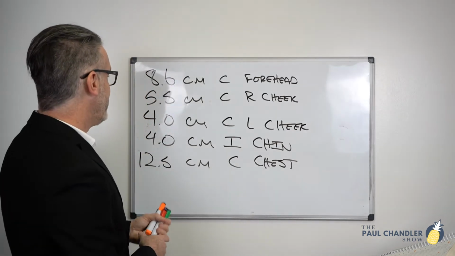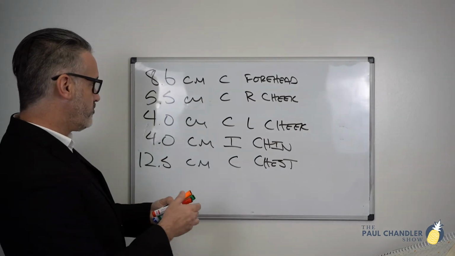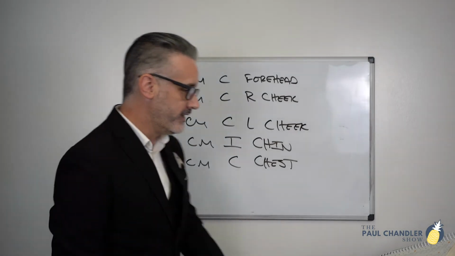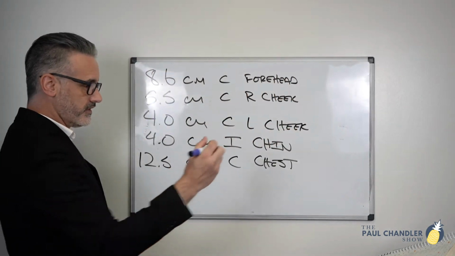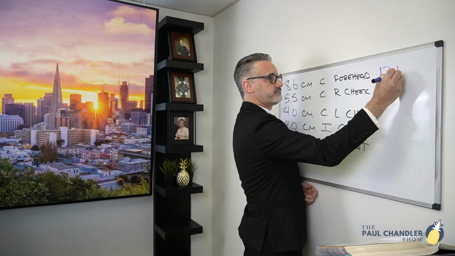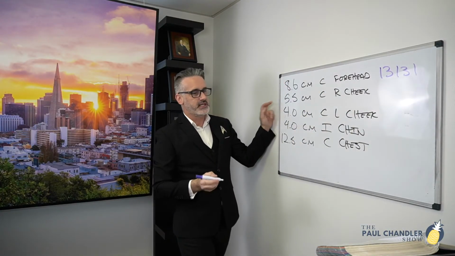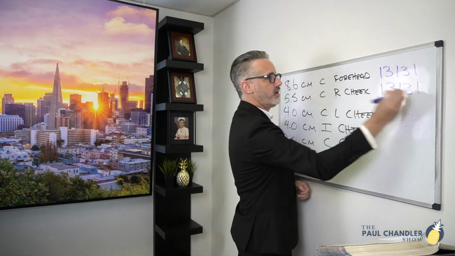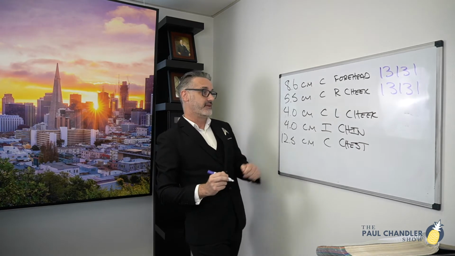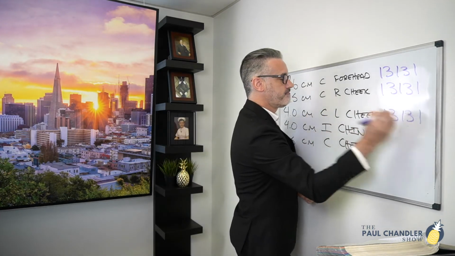So an 8.6 centimeter complex repair on the patient's forehead would give the parent code 13131. 5.5 centimeter on the patient's right cheek would also give the parent code 13131 to work with. Same thing for the complex repair on the left cheek, 13131.